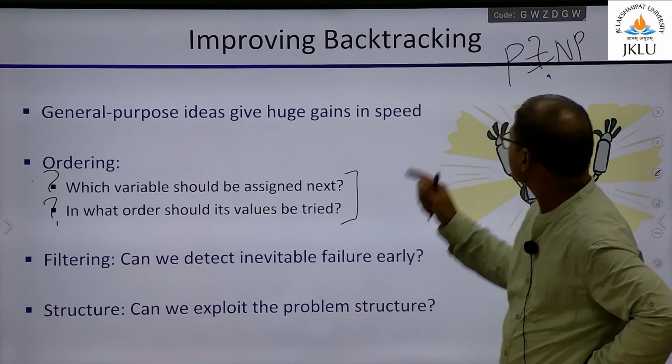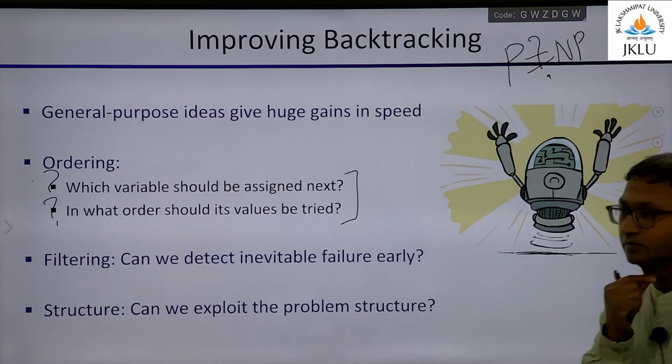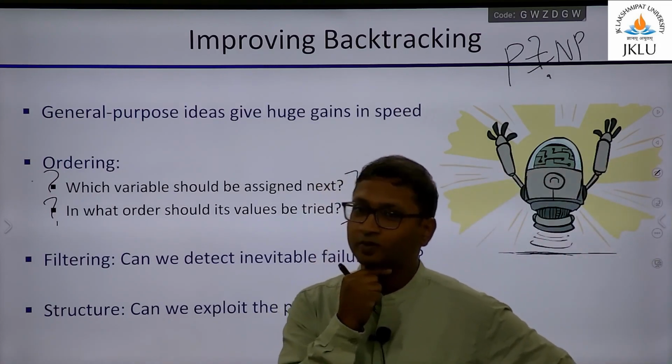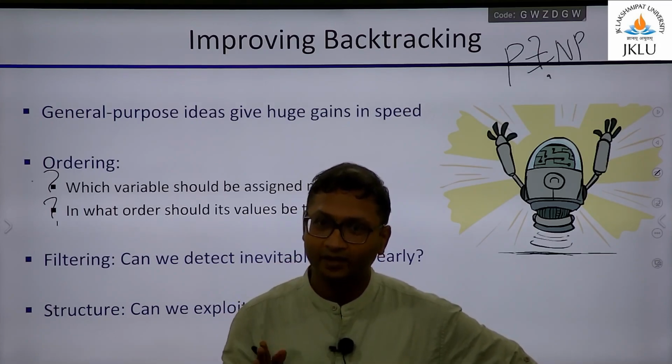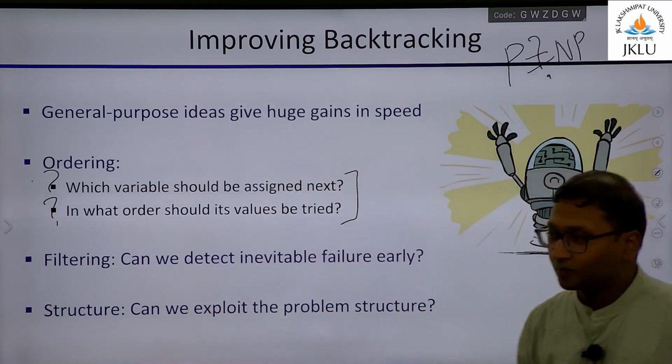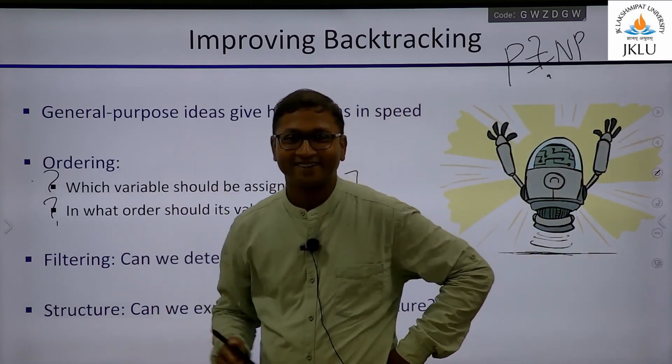Have you heard of this question, P versus NP? What is the prize on this problem? $1 million. But trust me, people say that $1 million is too little for this.